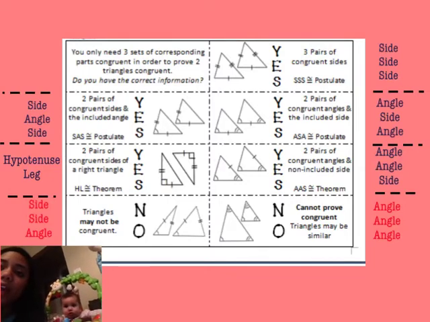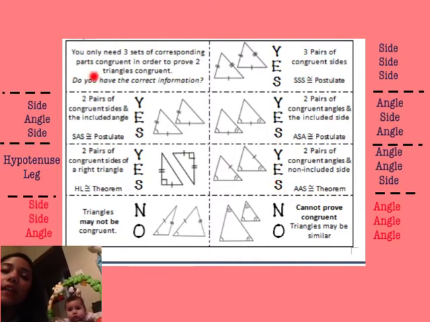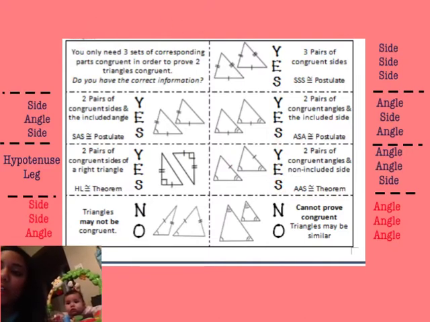So if you have an angle, then a side, then 2 pairs of congruent angles and a non-included side is the angle, angle, side theorem. And that means that yes, if they are like that, they are congruent.